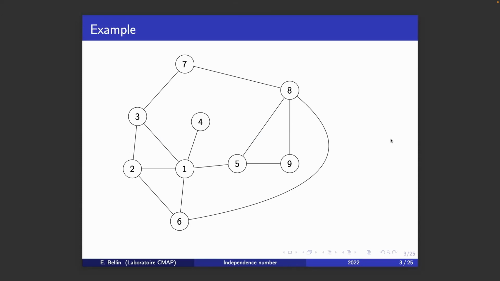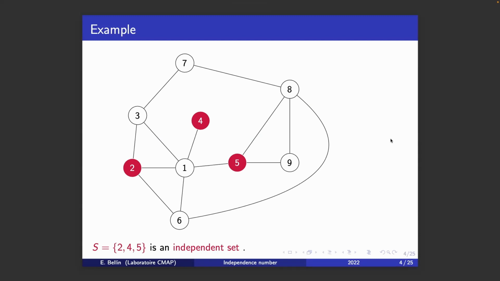In an example, here we have a graph with 9 vertices, labeled from 1 to 9. If we look, for instance, at the set of vertices labeled 2, 4, and 5, I have an independent set because 2 and 4 are not linked, even though there is a path between them, they are not linked by a path of length 1. 4 and 5 are not linked, 2 and 5 are not linked either, so this is an independent set.